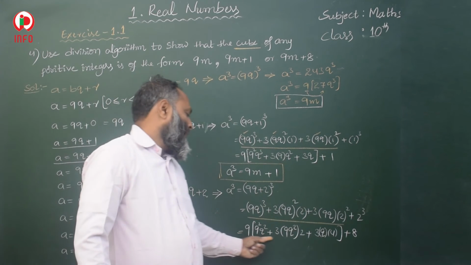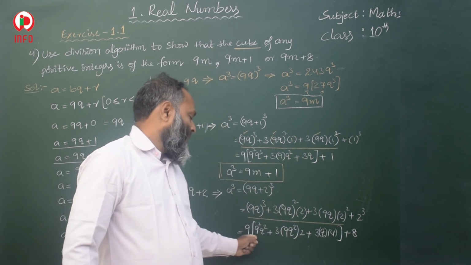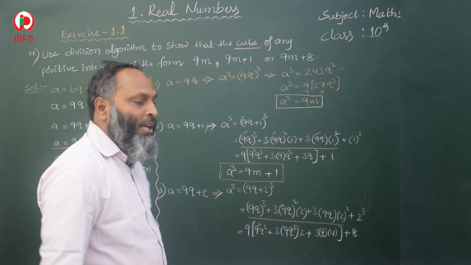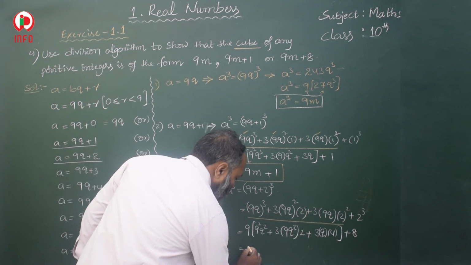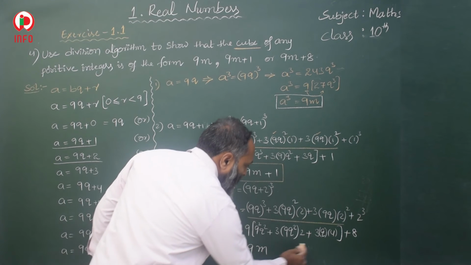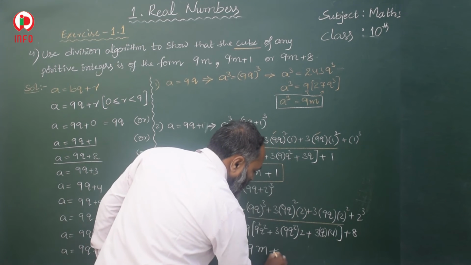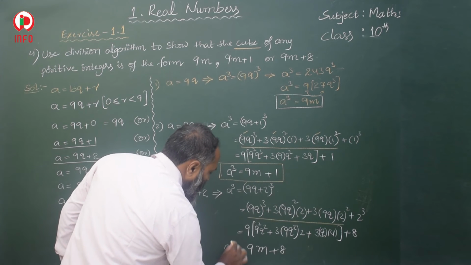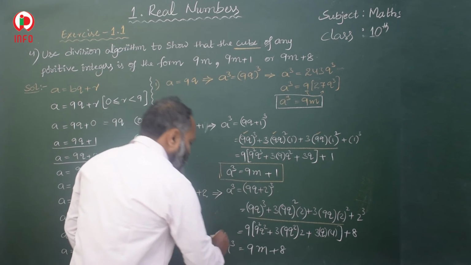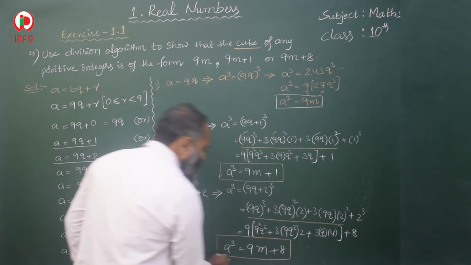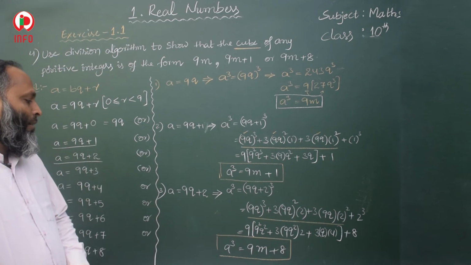So from here to here all these are 9 multiples. 9 into something means 9 multiple. So that 9 multiple we consider as m: 9m, and this plus 8 as it is. A cube is equal to 9m plus 8.